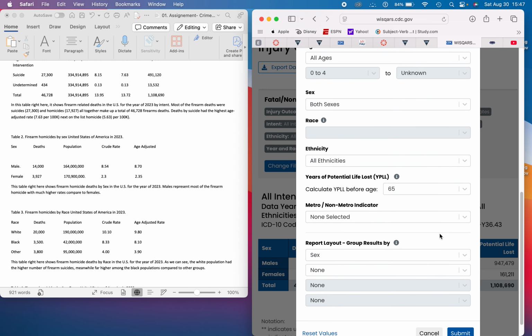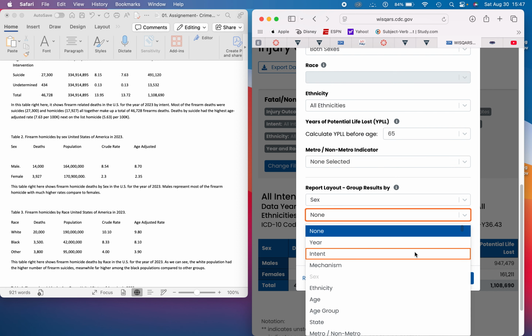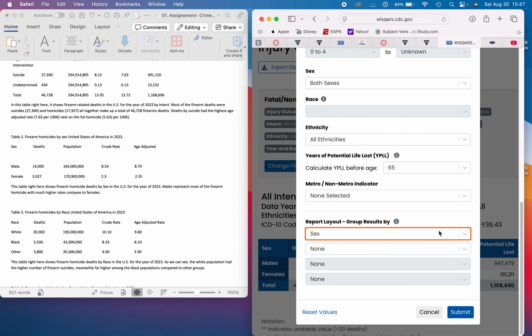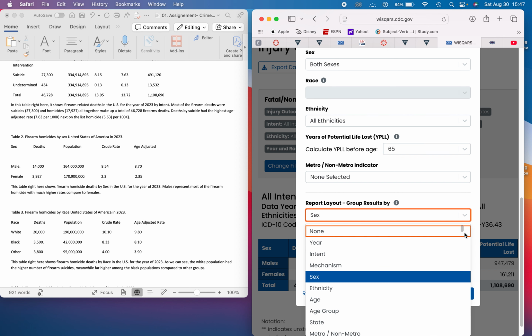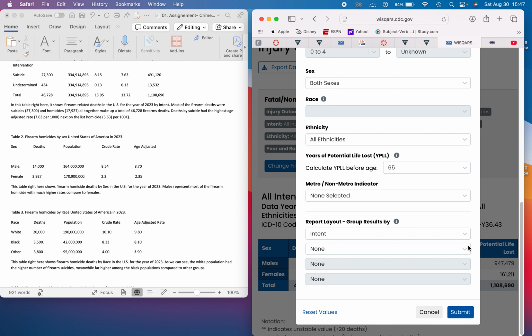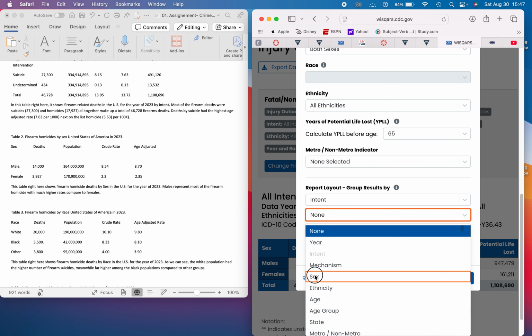I don't know what I did. I did get it right. Sex, intent, and sex.